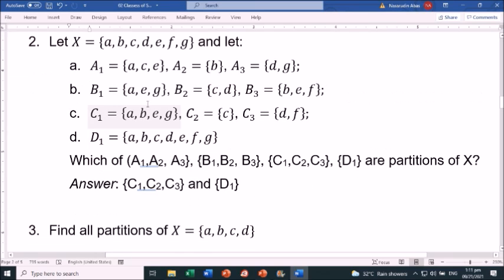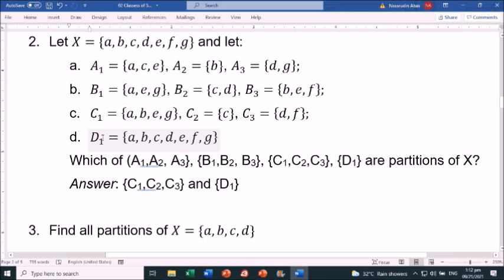Example number 2, let X equals the set containing the elements A, B, C, D, E, F, and G. And then let set A sub 1 equals A, C, E, A sub 2 equals B, A sub 3 equals the set with elements D and G. And then the B sets are here, just look at them. And we have C here, C sub 1, C sub 2, and then C sub 3.